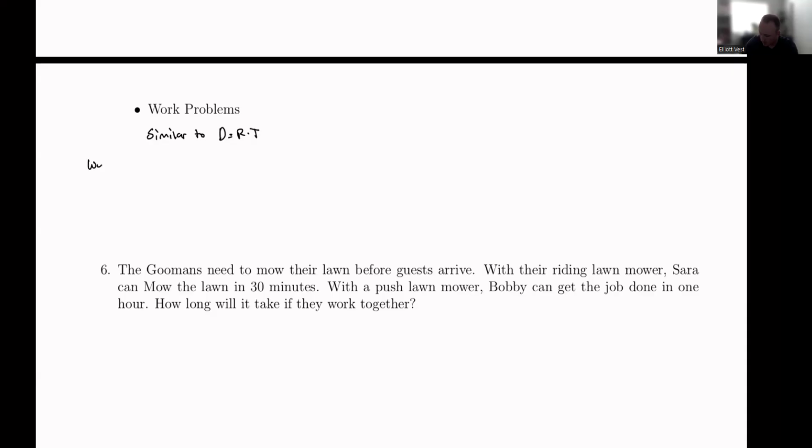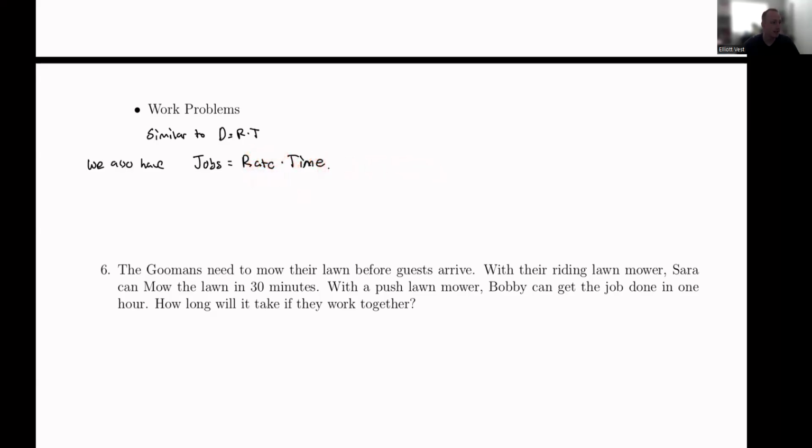I'll say we also have jobs. The amount of jobs you do is the rate you are working times the time you do work, right? If I can write 3 essays a day, and I do this for 4 days, I've done 12 essays, 12 jobs, right?